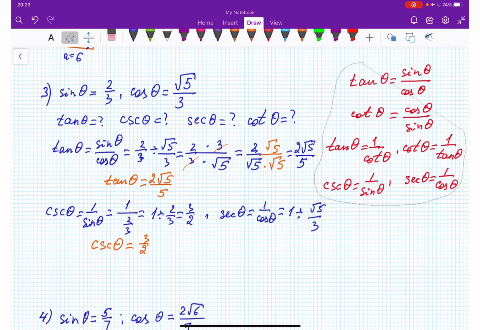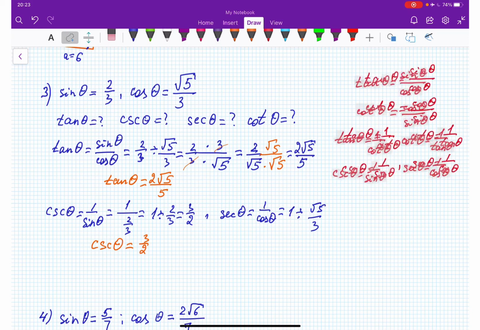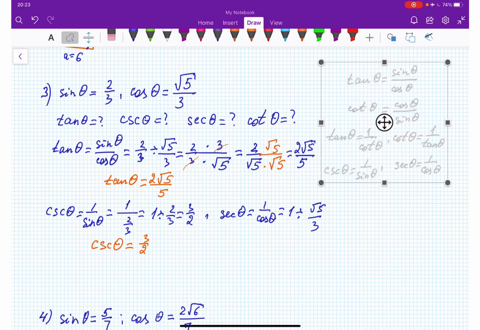Let me pick this. Actually, I don't like it. It got too much shrunk.